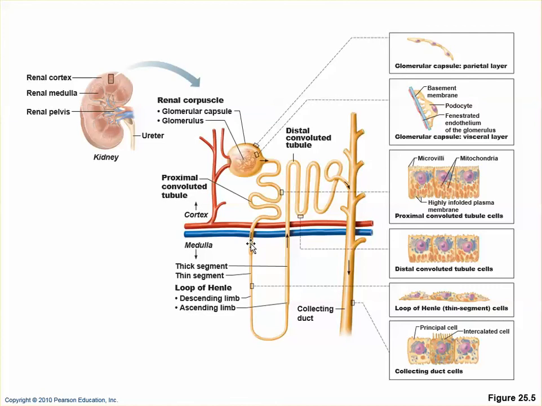It then moves down into here where water is reabsorbed, and then up here where sodium is reabsorbed. Then into the distal convoluted tubule, where if we need more water, we reabsorb more. If we need more sodium, we reabsorb more, where we secrete excess potassium.